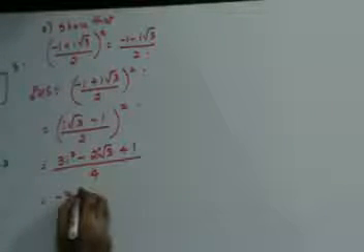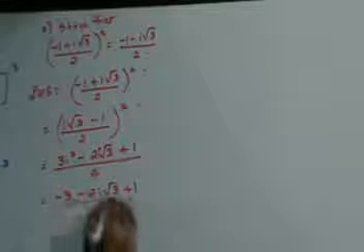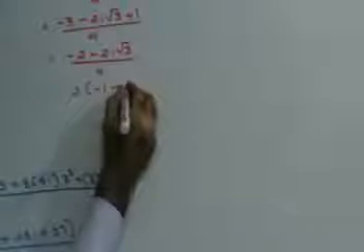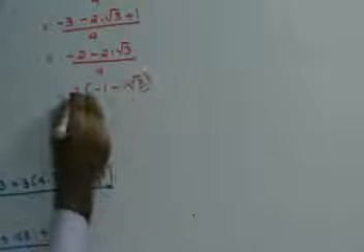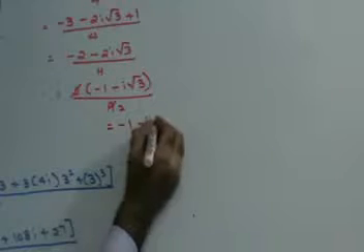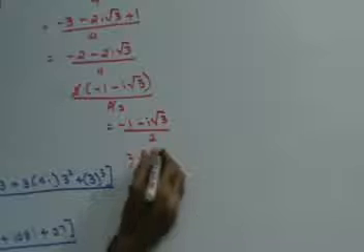So this is minus 3 minus 2i root 3 plus 1 upon 4, which is minus 2 minus 2i root 3 upon 4. Take 2 common, so you will get minus 1 minus i root 3 upon 4. 2 ones are 2, 2 twos are minus 1 minus i root 3 upon 2, which is exactly my RHS.